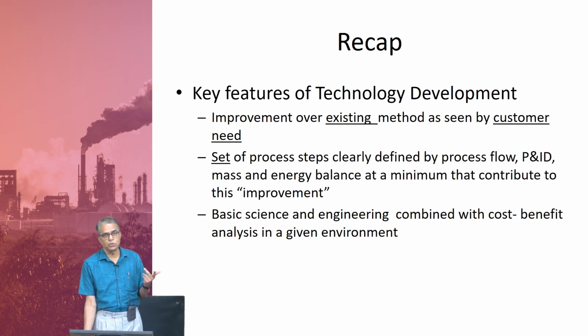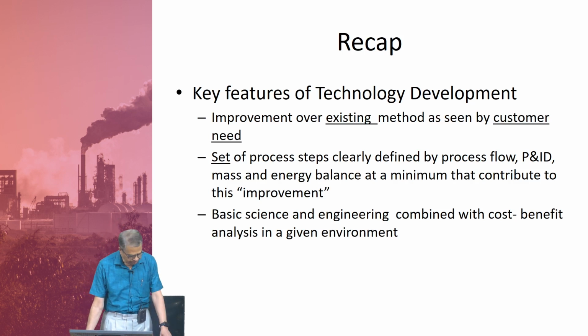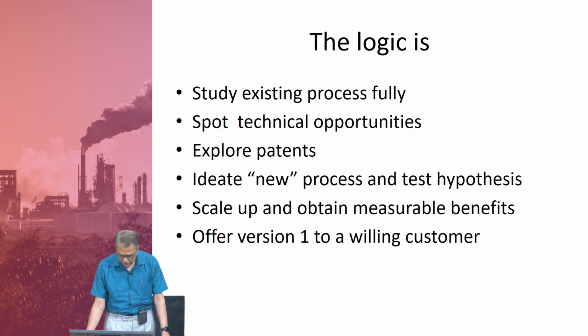It is not sufficient to claim that this is better; you also need to know technically why it is better, is it tenable, is it reasonably possible. And of course, this means that the starting point is a lot of basic science. You really have to understand what the basic science is all about and how it is applied in a given situation. Okay.